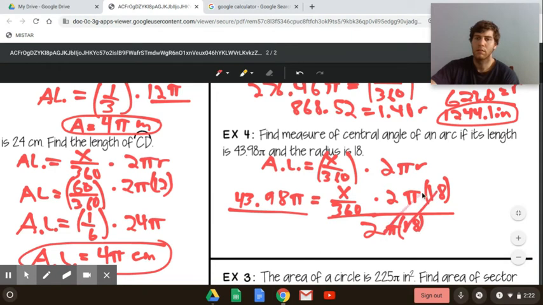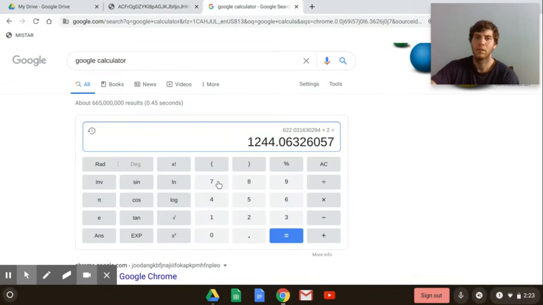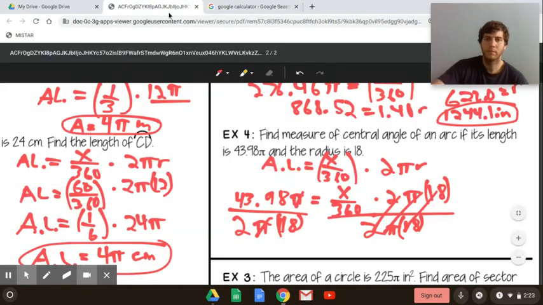All right, so these cancel. The pi's are going to cancel out here. 2 times 18 is 36, so it's 43.98 divided by 36. That gives 1.22, equals x over 360.